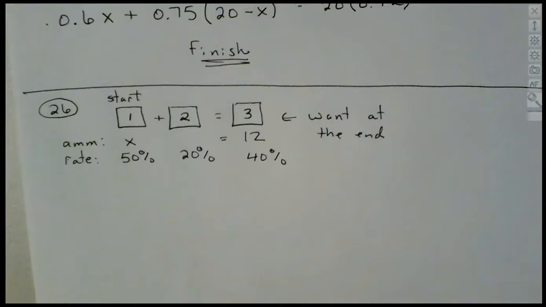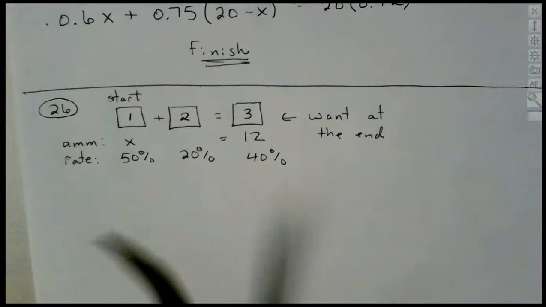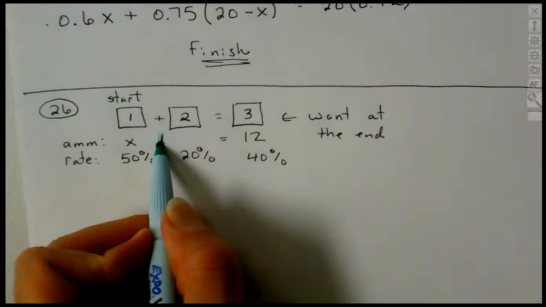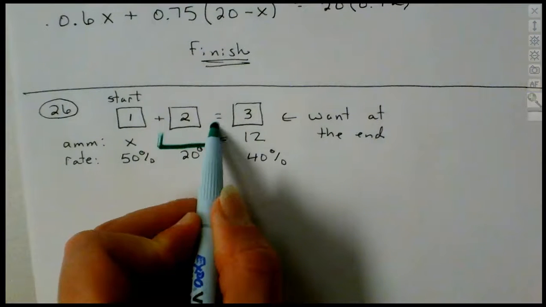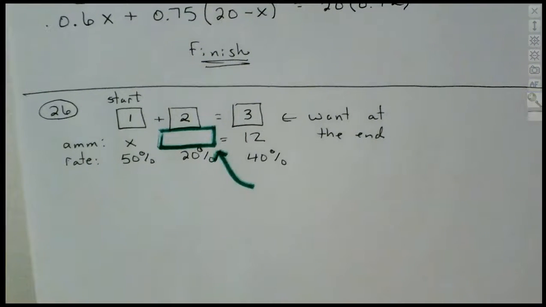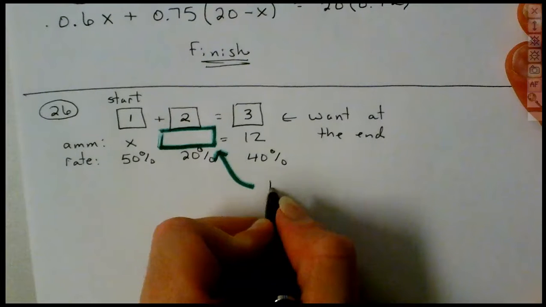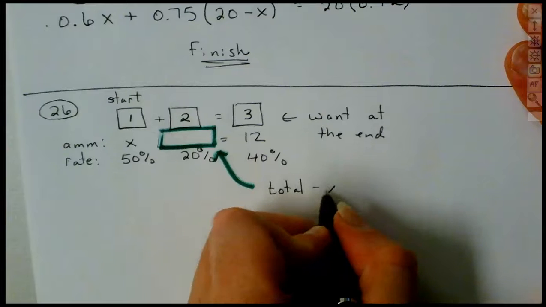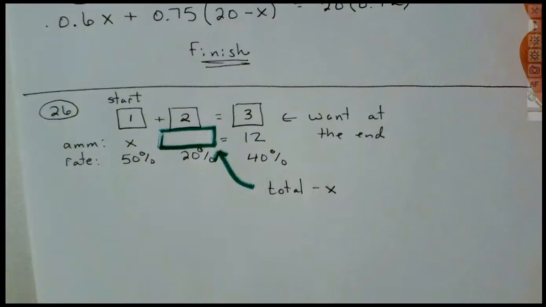And so I've got a 50% juice drink blend, unknown amount, 20% fruit juice blend, unknown amount. We need to figure out what's going to go here. Now what's going to go here is just like the previous one, and that's going to be the total minus X. So what do I want to end up with?